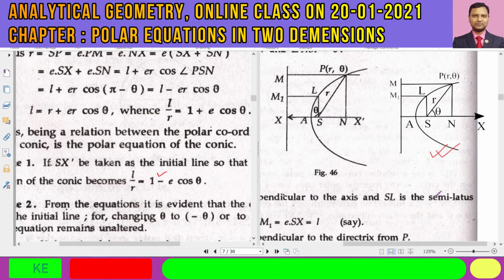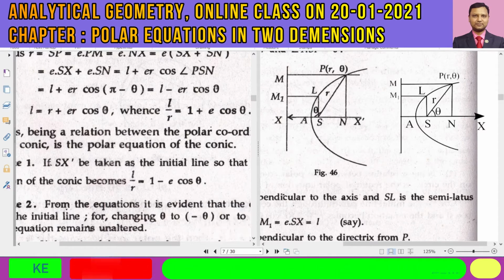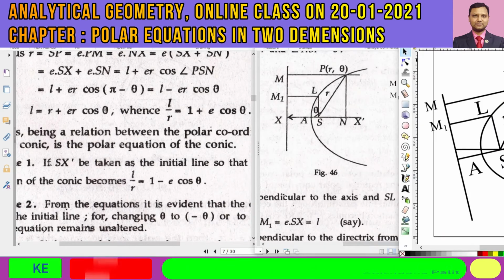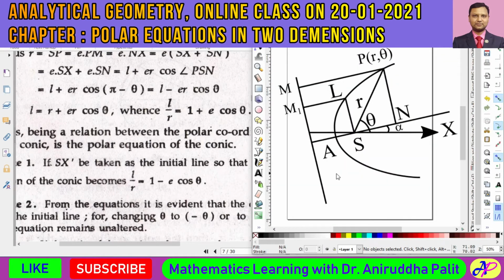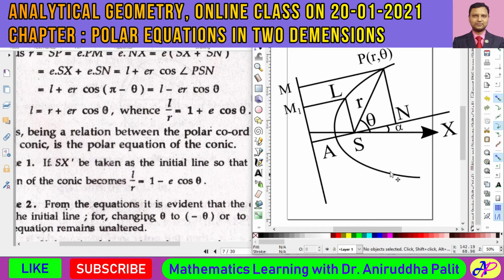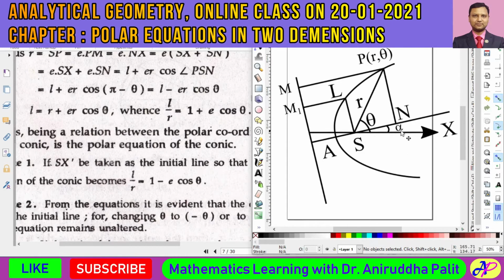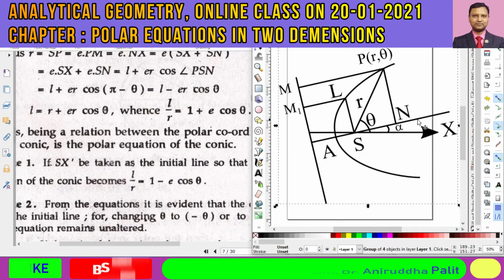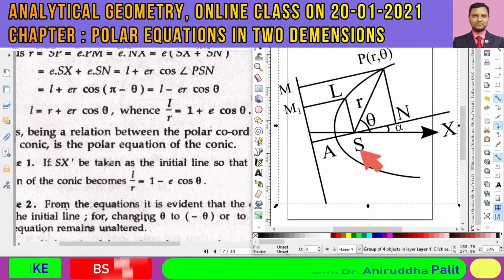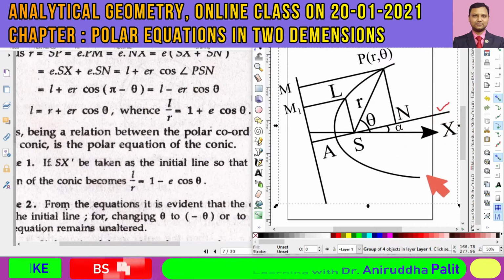Got it? And sometimes it may so happen that you get this kind of picture. What is the difference between the previous picture and this picture? This is the straight line, and this is the axis of the parabola.